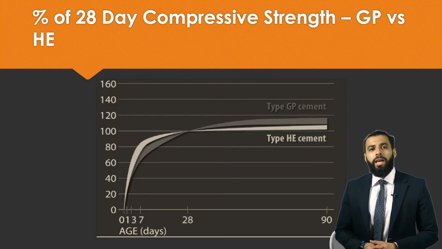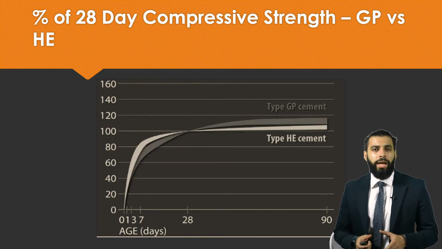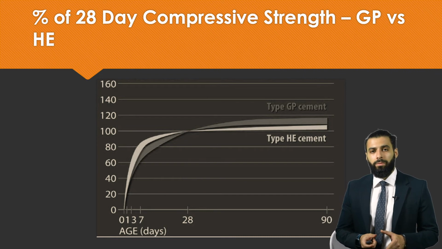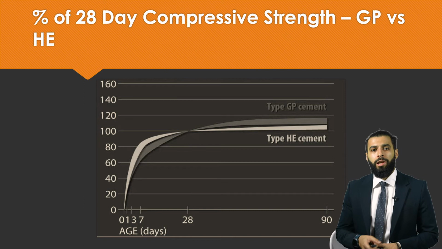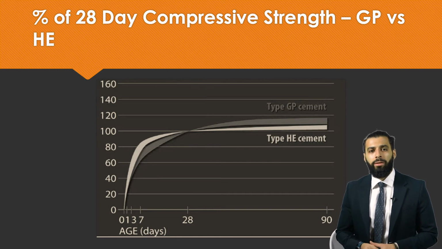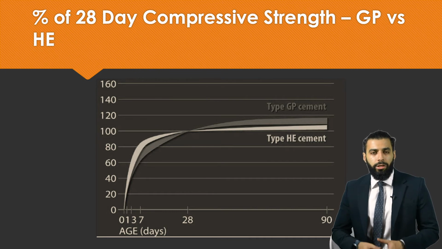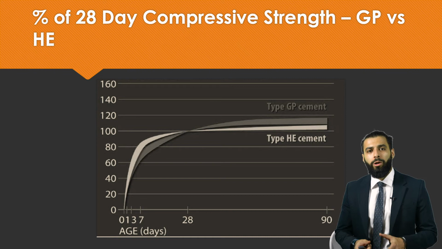Having a look at the percentage of the 28-day compressive strength, where we compare GP and HE, you realize that early on, so we're talking about 0 to 3 days, the type HE, given that it's the high early strength type of cement, your concrete achieves the required strength quicker earlier on.